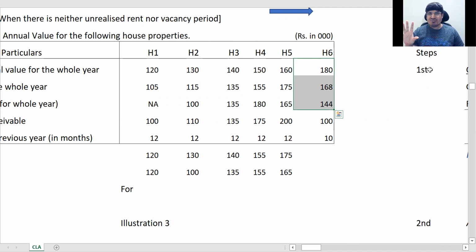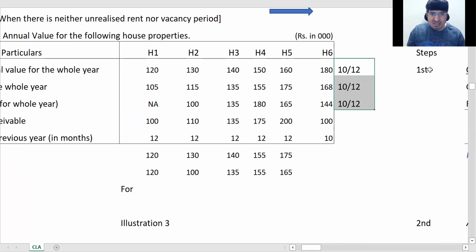They will give you one annual figure, so that's why you have to do into 10/12. Okay, just do into 10/12. Whatever you will get, that will be for 10 months, okay.